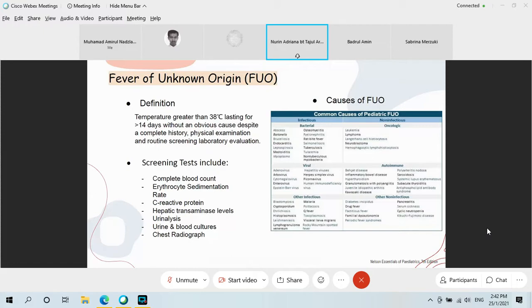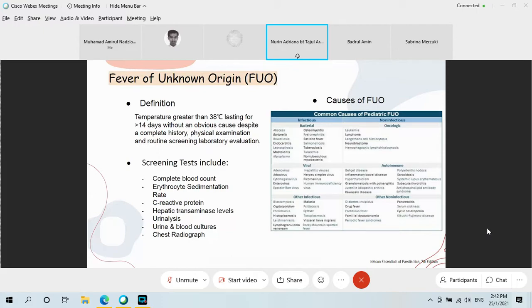But if there is still no diagnosis, they can proceed to additional tests like special cultures like stool culture, throat culture, and if they are considering malignancy, can go for bone marrow examination and imaging studies like CT scan or MRI to detect any abscess or tumor.